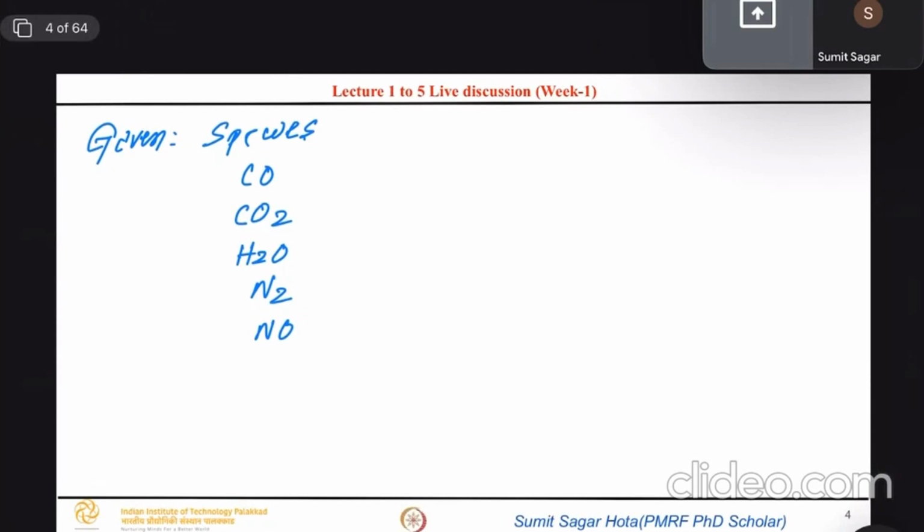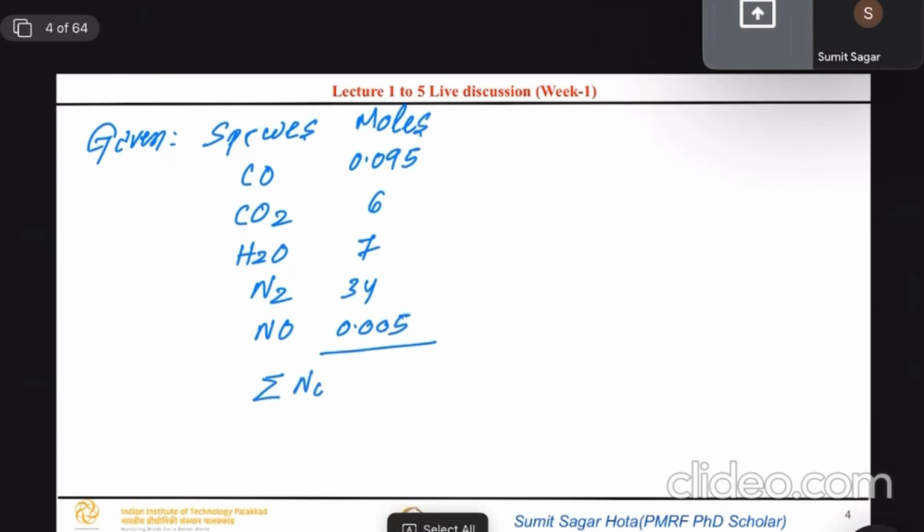Some moles are also given: 0.095, 6, 7, 34 and 0.005. Now we can calculate the total number of moles, which is the summation of Ni. If you add all these, we get 47.1.